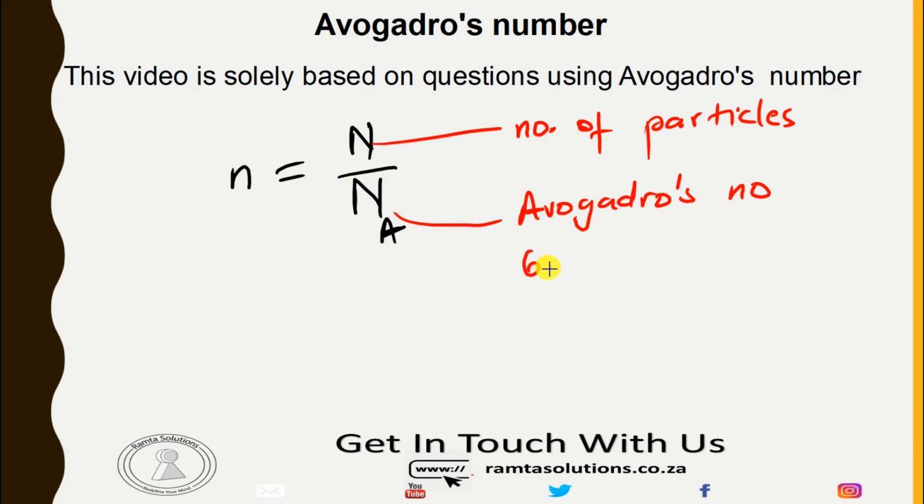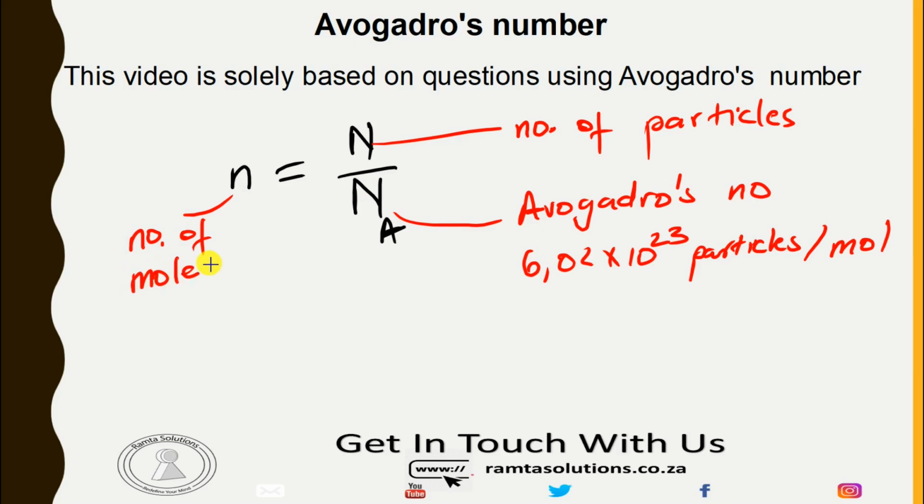If you recall, Avogadro's number is 6,02 times 10 to the 23 particles per mole. And this small n is the number of moles. So we are going to have some questions where we are basically using Avogadro's number.